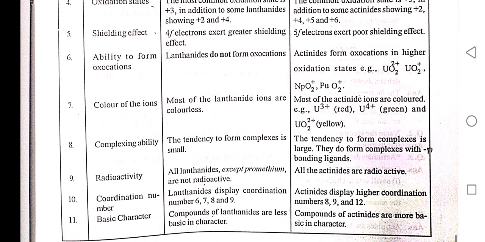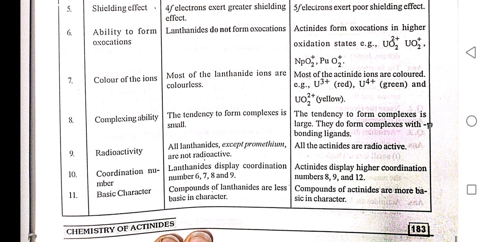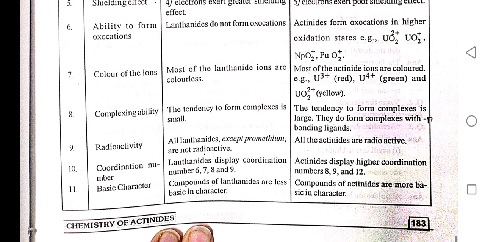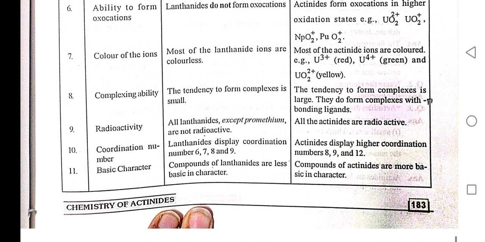Color of the ions. Most of the lanthanide ions are colorless. Most of the actinide ions are colored. Example, U3+ is red, U4+ is green, and UO2 2+ is yellow. Complexing ability.